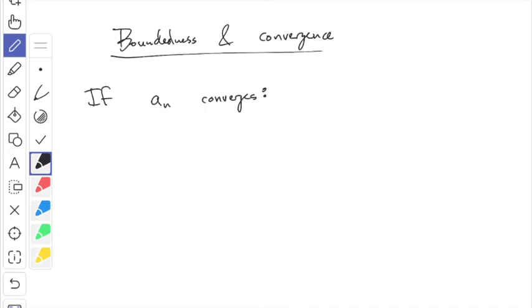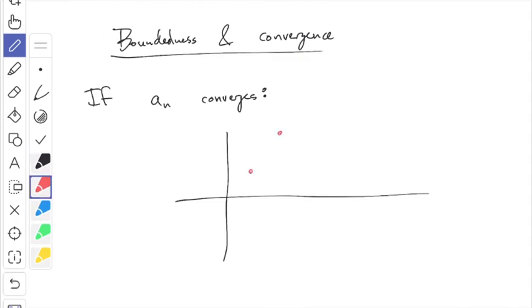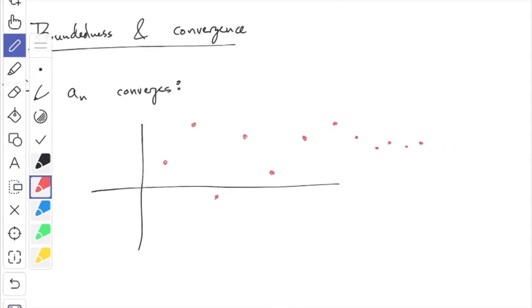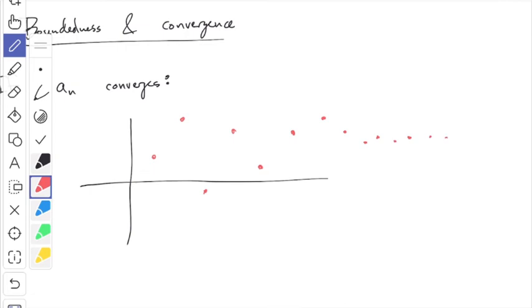Well, if I were to try and graph the sequence terms, converges means maybe they'll bounce around for a while, but eventually they will all approach the same value. I'm running out of space here. This is the picture you should have in your mind of a sequence which converges.